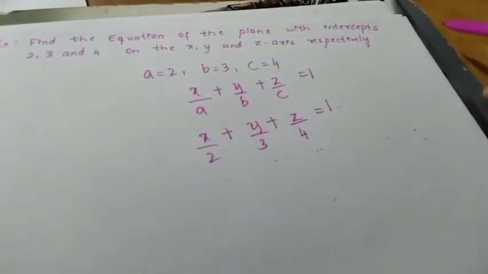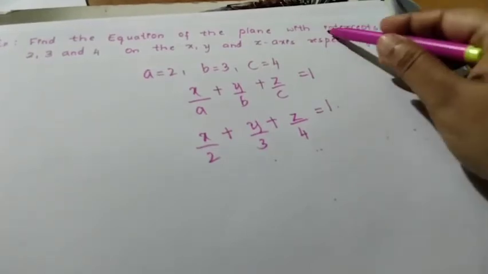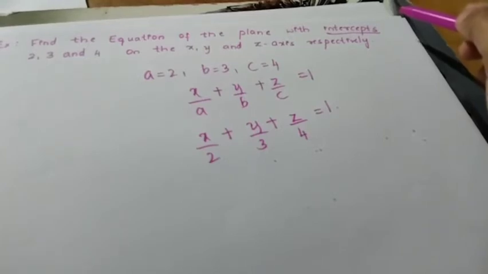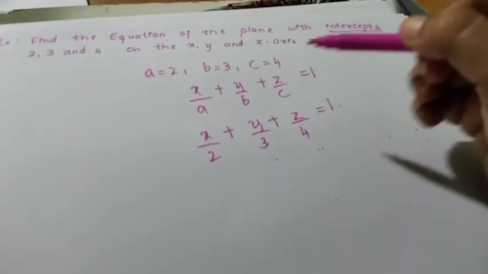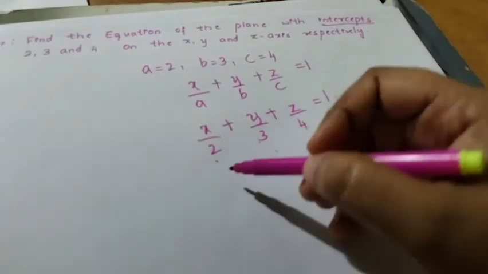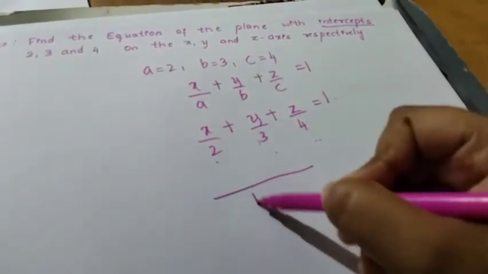For 1 mark they may give you 3 points and tell you to write it in the intercept form. Very easy to remember: x by a plus y by b plus z by c is equal to 1. Now what is the LCM? LCM of 2, 3 and 4 is 12.